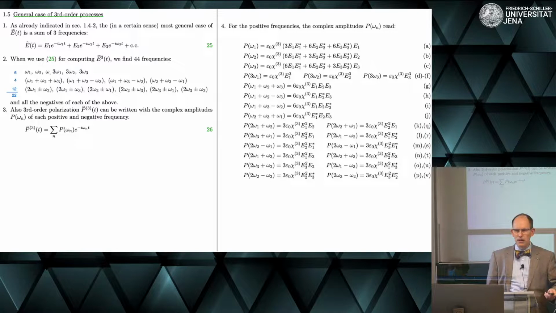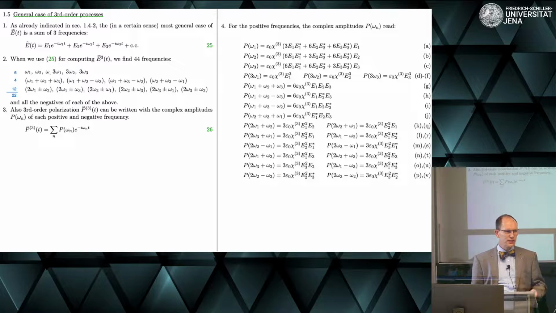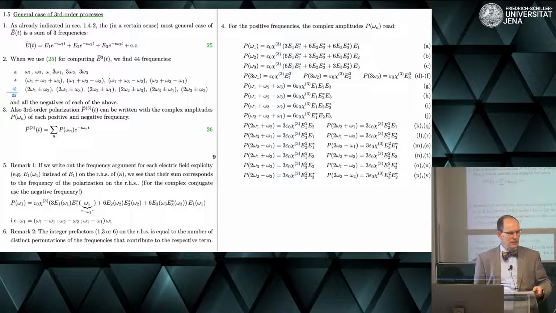And well, if you look at all the polarizations, it really doesn't make any sense to write them down. So you find them in the script, and I have noted them here. You can do a little bit of analysis, say, on these factors here. For example, that you have here the factor 6.